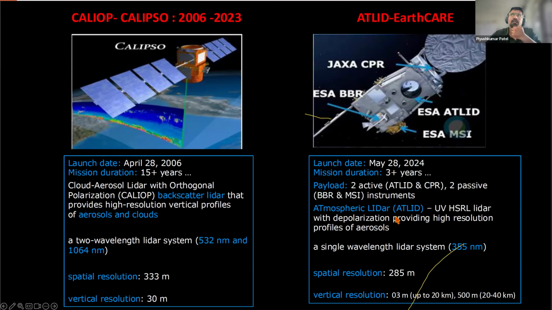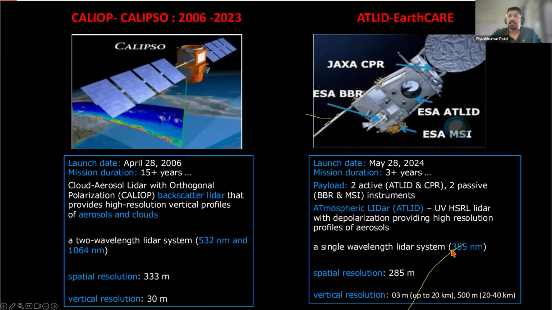The good thing about EarthCARE is that Calypso only provides the backscatter radiation measured by the instrument, but EarthCARE will provide backscattering along with the extinction. That extinction is very important to identify the aerosol types. Although we can calculate the extinction from the backscatter, here we are measuring the extinction along with the backscatter.